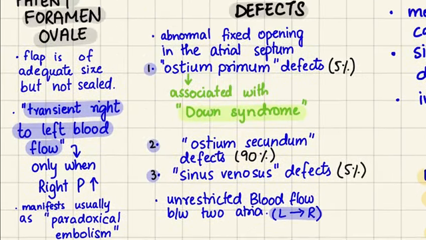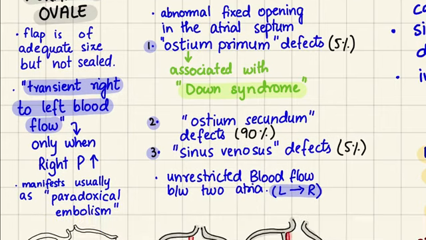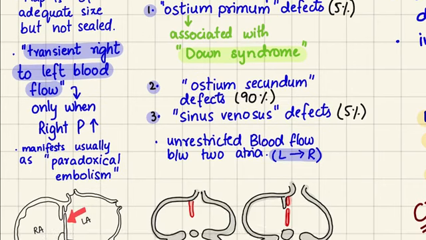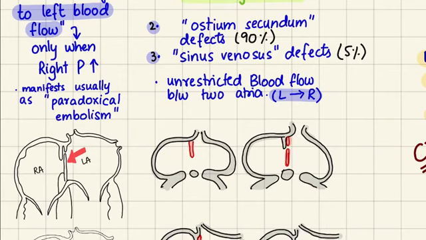Patent foramen ovale do not have any complications as such, but this can manifest usually as a paradoxical emboli. We know that usually there is deep venous thrombosis in the legs, and whenever venous thrombosis dislodges into emboli, first of all they'll come to the right atrium.